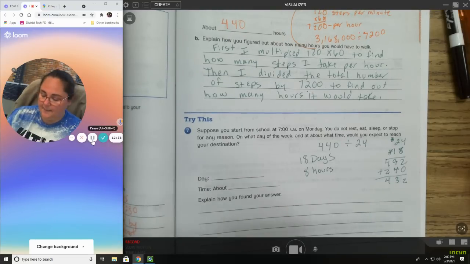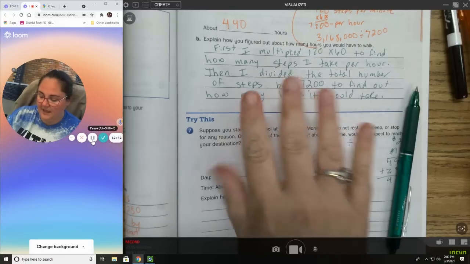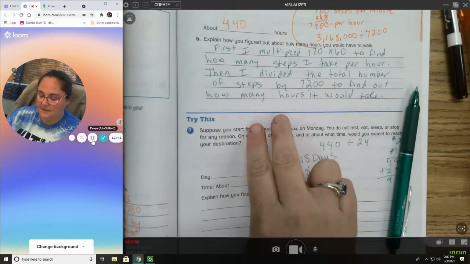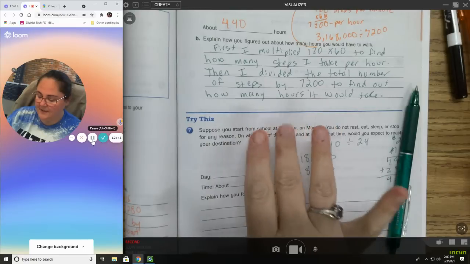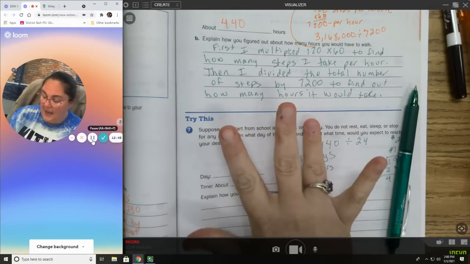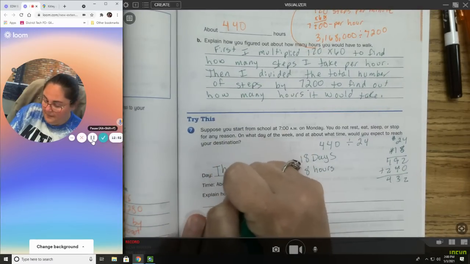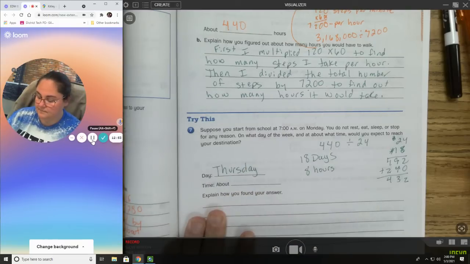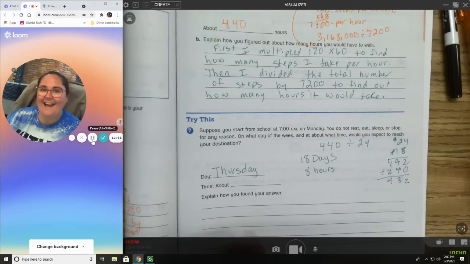Let's see. So Monday, Tuesday, Wednesday, Thursday, Friday, Saturday, Sunday. Monday, Tuesday, Wednesday, Thursday, Friday, Saturday, Sunday, Monday, Tuesday, Wednesday, Thursday. I would arrive on a Thursday. Started at 7 a.m., we're going to add 8 hours to that.